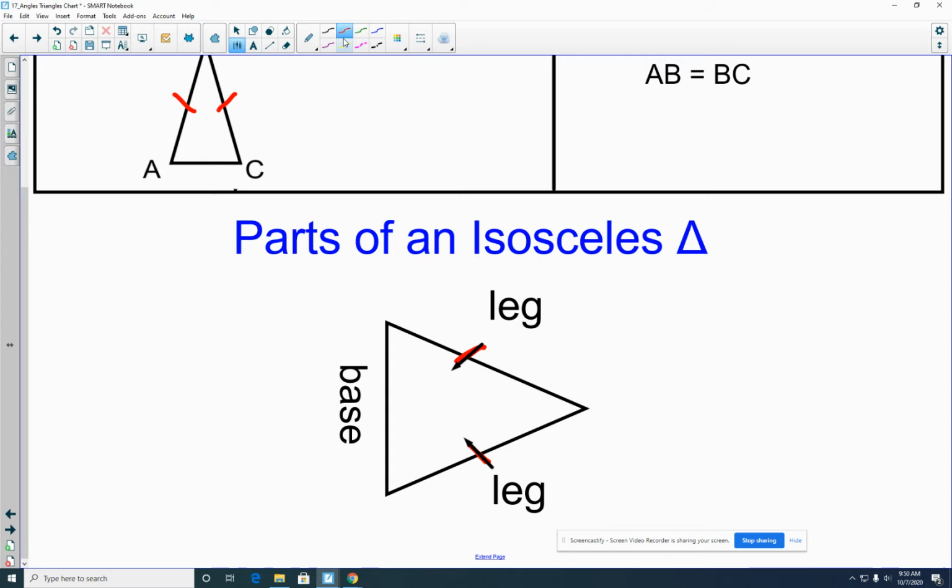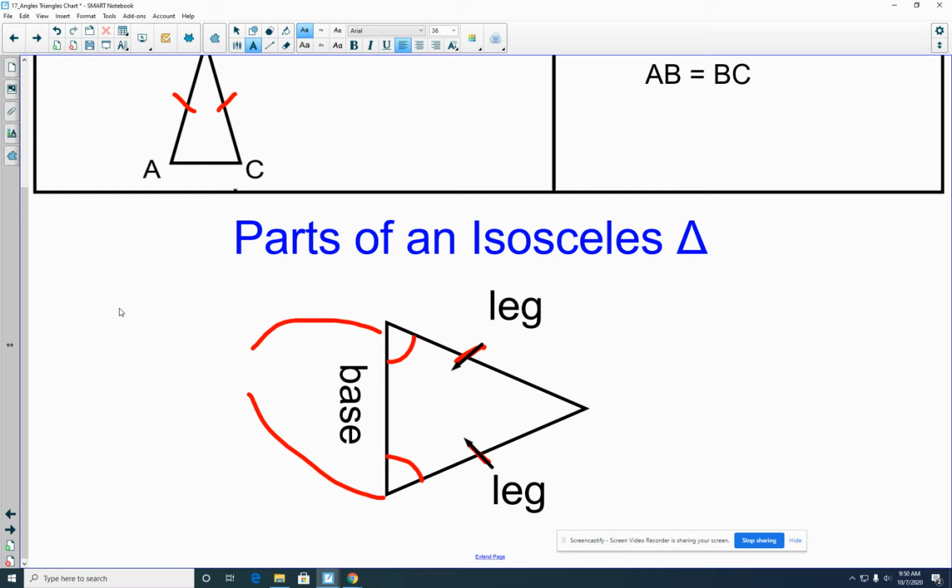This leg is opposite this angle. So I'm going to put a mark here. This leg, which is the same size, is opposite this angle. So I'm going to put the same mark here. So actually, these two angles are equal. And notice that these two angles touch the base. So these two angles in the isosceles triangle are known as base angles, and they're equal.